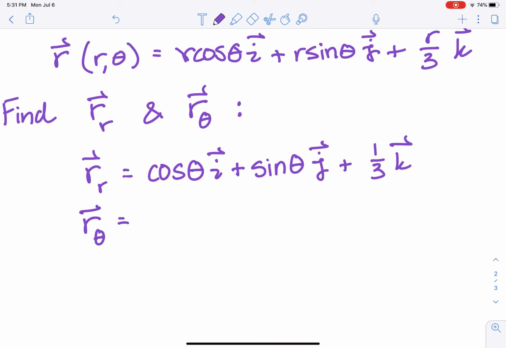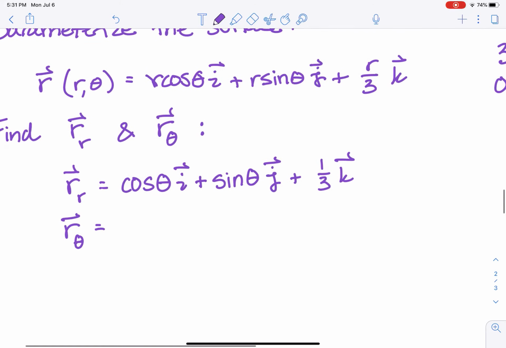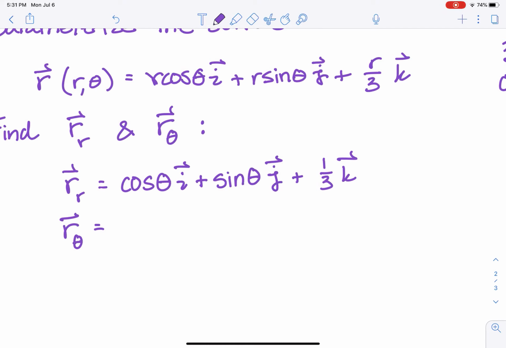So in that case, we're going to get negative r sine theta in the i direction, plus r cosine theta in the j direction plus 0k.